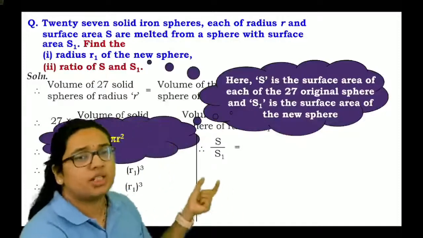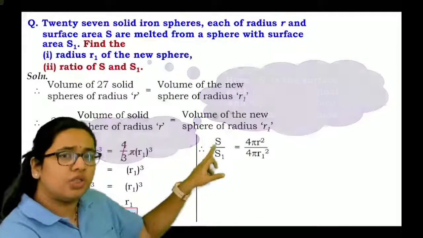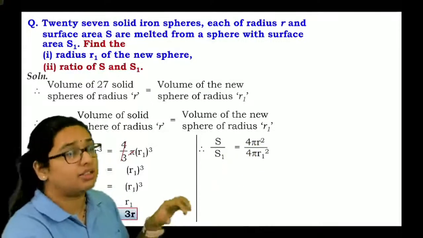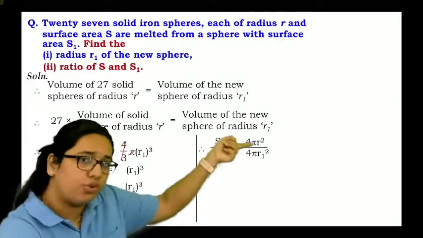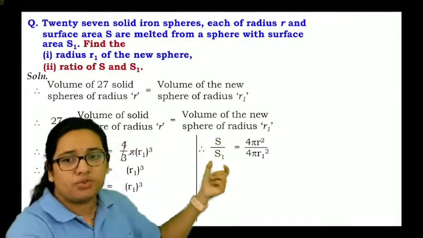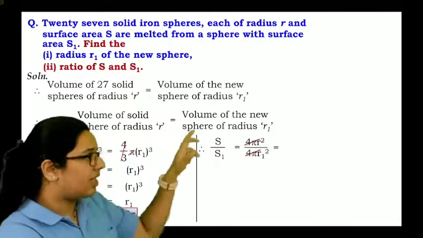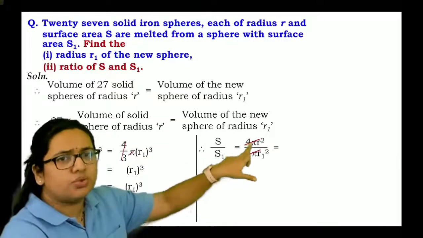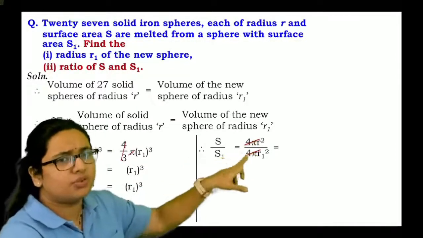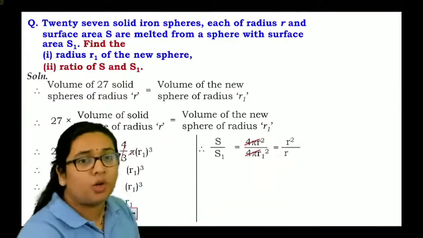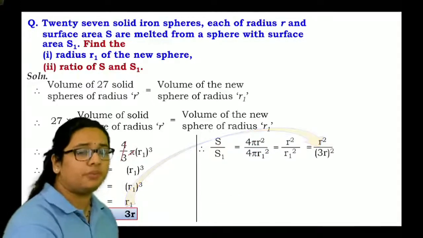Hence, S upon S1 is nothing but S, मतलब original one, तो उसके लिए आप R put करोगे, and S1 is the new one, so for that you will put R1. Hence S upon S1 equals 4 pi same रहेगा, 4 pi same रहेगा, so the answer will be only R square upon R1 bracket square.